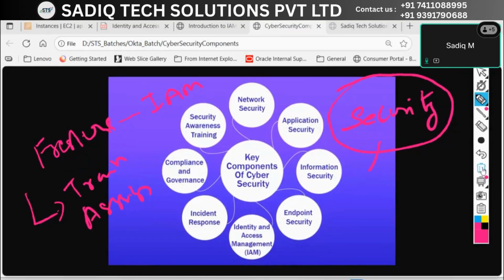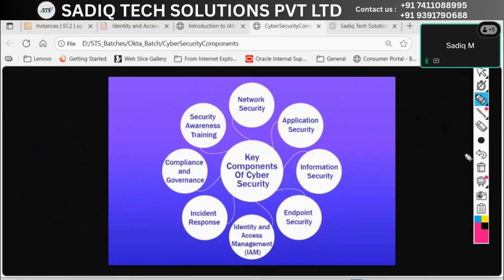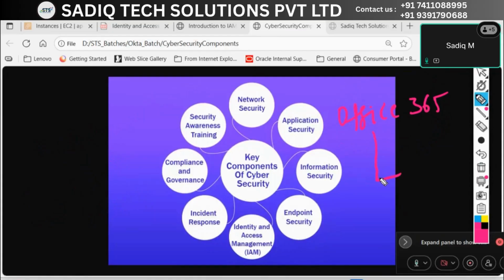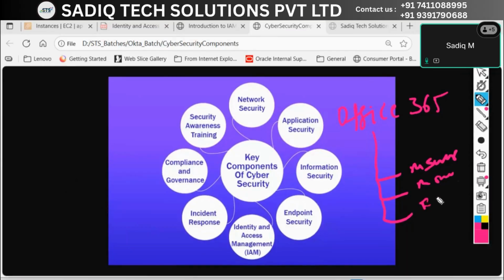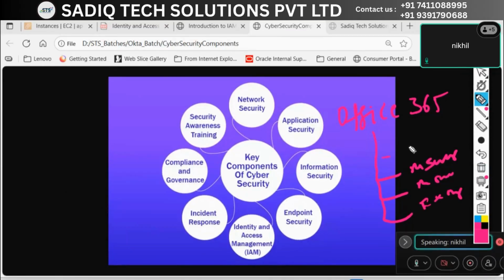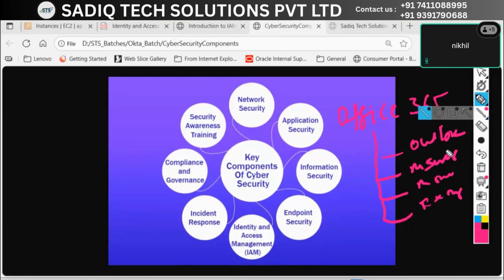See, earlier, take MS Office as an example. They used to install MS Office on the personal computers of the employees, right? You know what they have started using? They have a cloud application called Office 365, which solves all the problems. This is a cloud-based application. Yes, you can have MS Word, MS PowerPoint, MS Excel, MS Access, and Outlook to access emails. Also Lync, for chat.